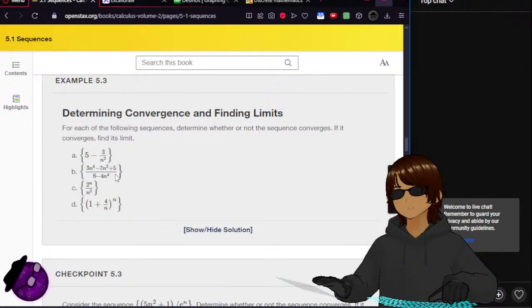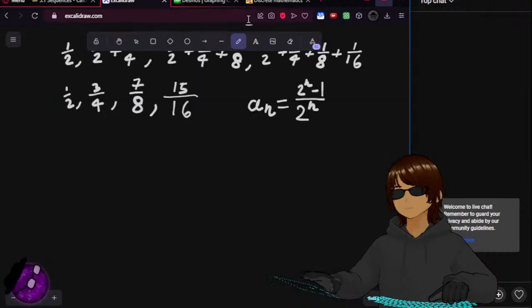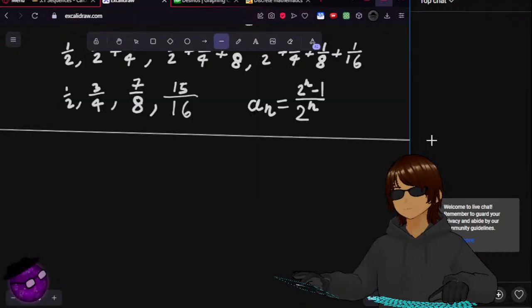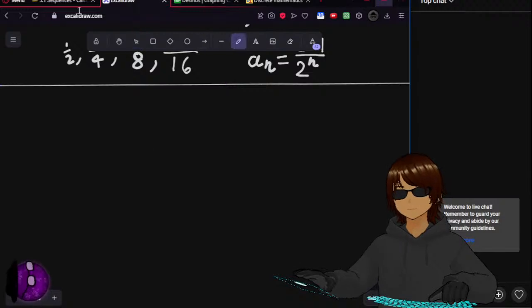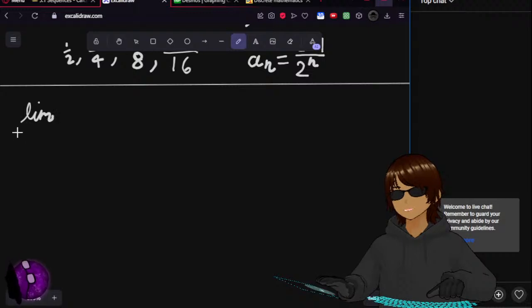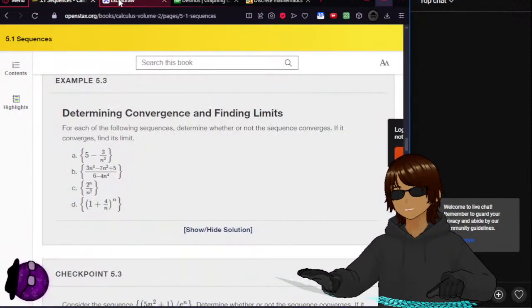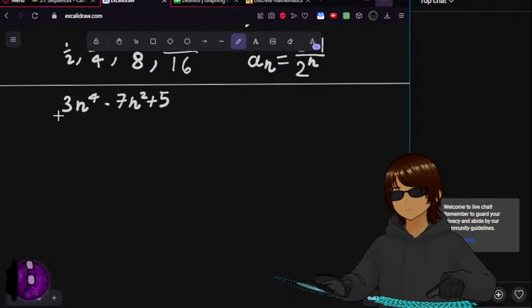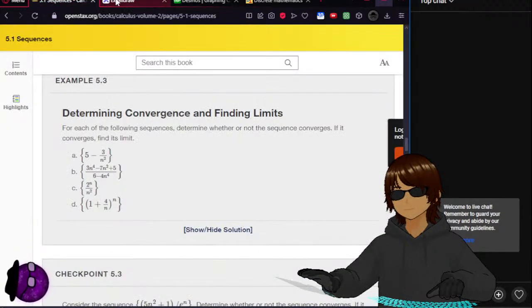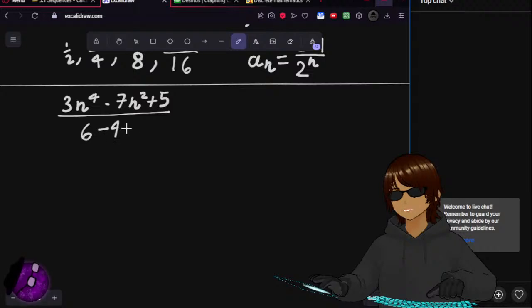So for this part, limit of 3n^4 minus 7n squared plus 5 over 6 minus 4n to the power of 4.